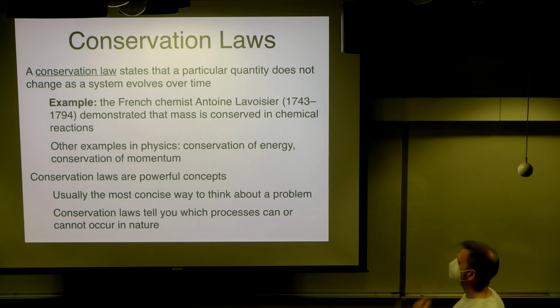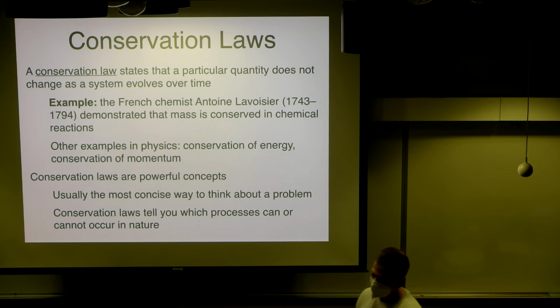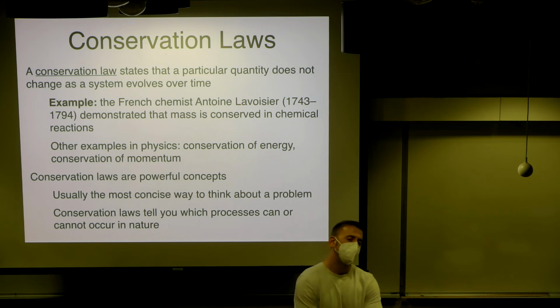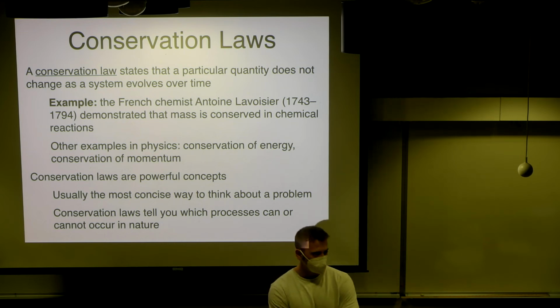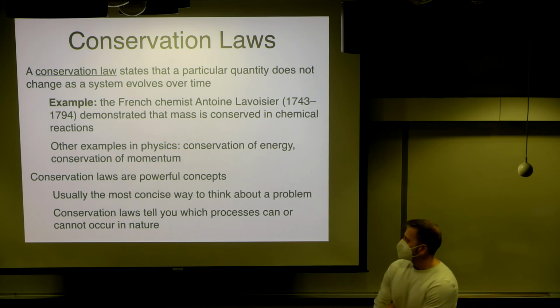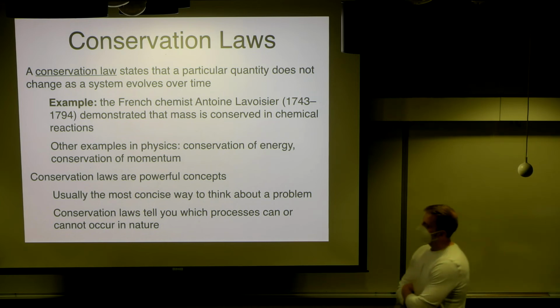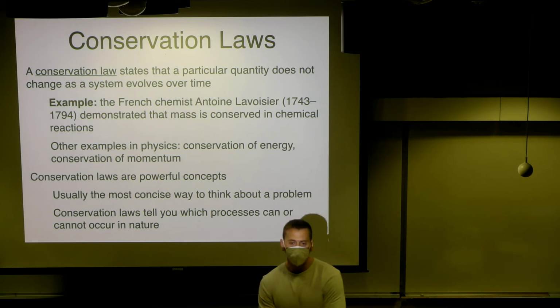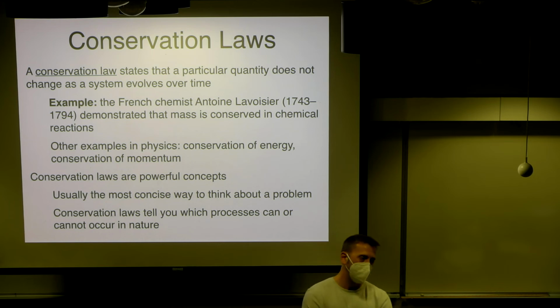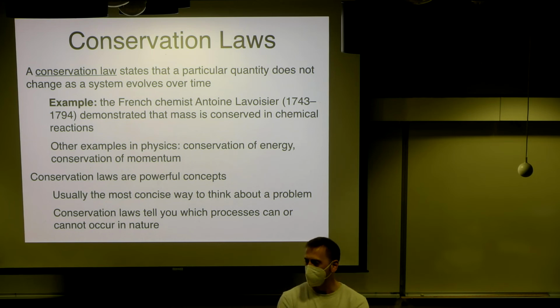So that's an example of a conservation law. There are some other examples that we're going to see in physics. Conservation of momentum is one we're going to get to here. There's also something called conservation of energy. We'll really get to see the full picture of that in physics 45. But there are a lot of different examples of this kind of thing. Conservation laws are really powerful because usually that's the most concise, straight to the point way to think about a problem.